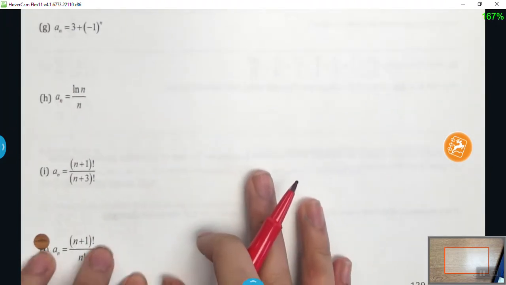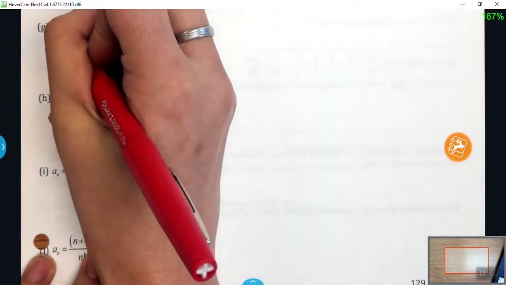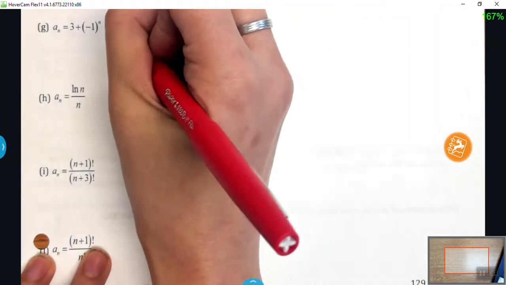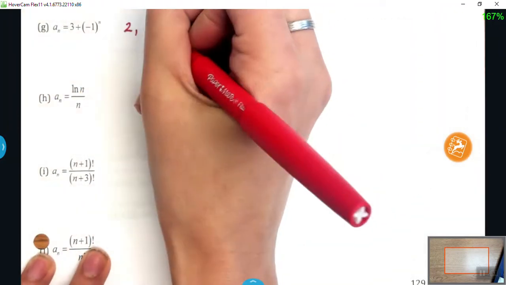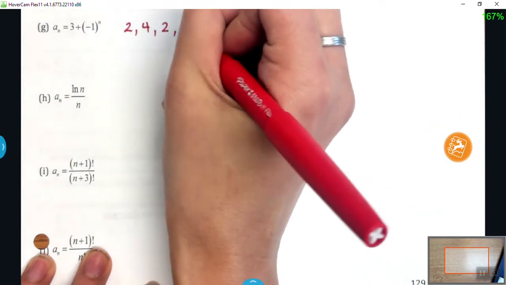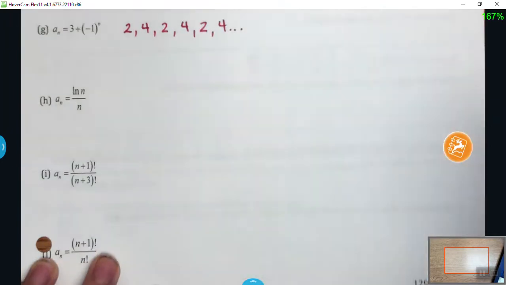For G, I'm not going to do the limit. I'm just going to do a couple of terms, because 3 minus 1 is 2, and then 3 plus 1 is 4, and then it's going to be 2, and then 4, and then 2, and then 4. So will this converge or diverge?